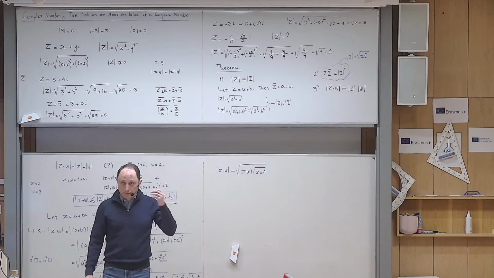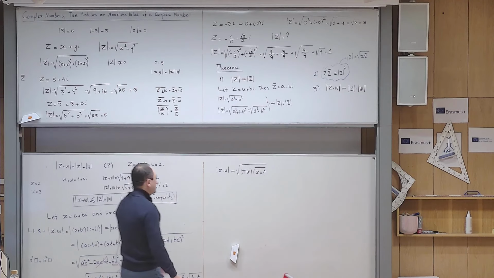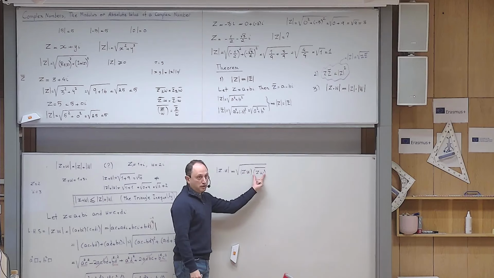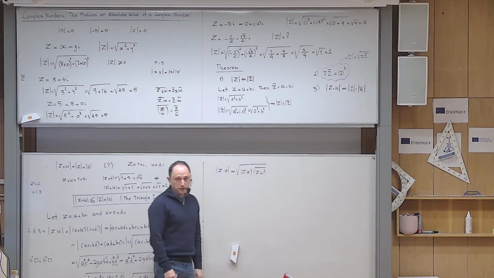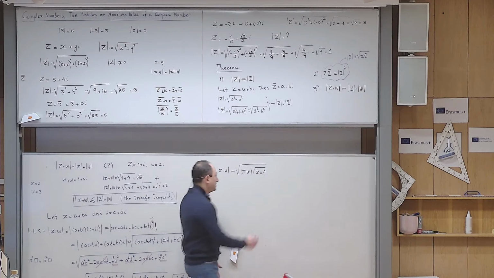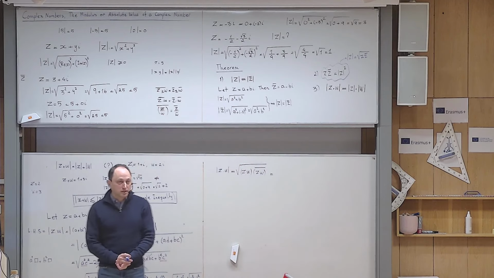Yes, is that understandable? So if I want to find the absolute value of any complex number, I take that complex number, multiply it by the conjugate, and take square root. Yes? But let us see, how can I go forward? Can you tell me? I mean, this is very obvious now. So what is the next step?